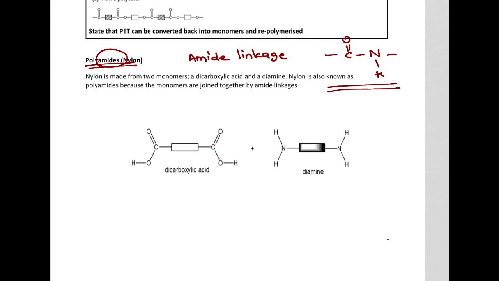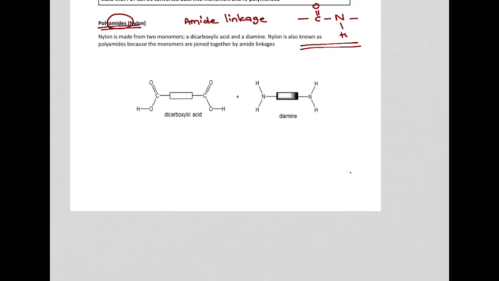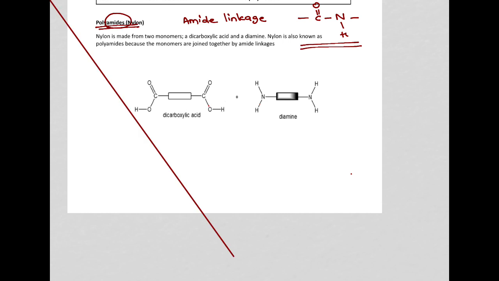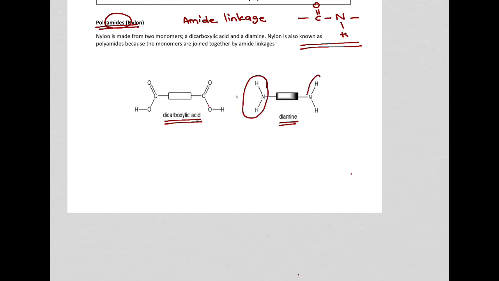So this will be recurrent every time. And the monomers, you have two different monomers. One of the monomers is providing the carboxylic acid. One of the monomers is providing the NH2. So this is the end of the monomers.